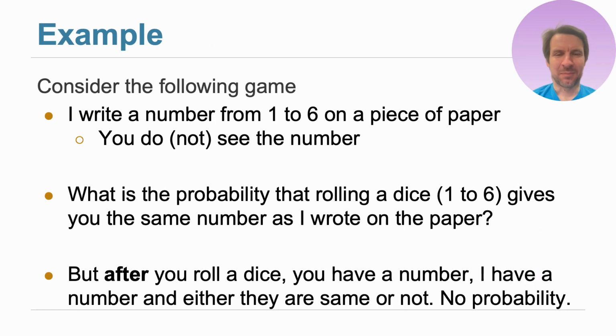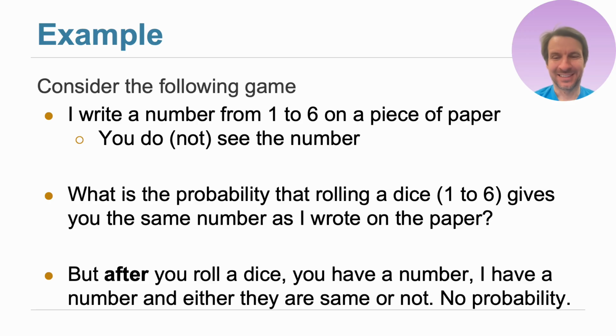Here's an example that should illustrate the problem with confidence intervals. So here we'll play a game. I'll take a piece of paper and write a number between 1 and 6 on it, and I will not show you the number for now.